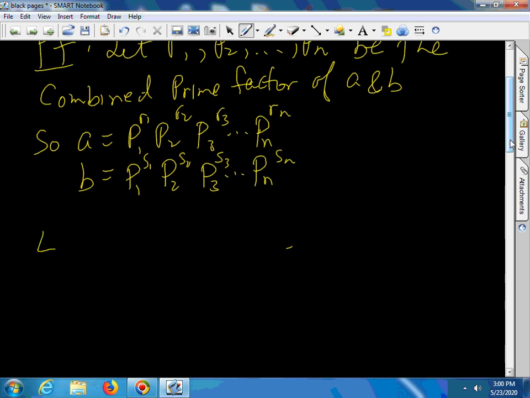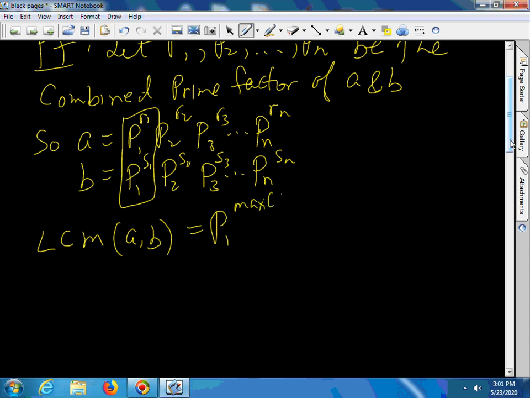Now, the least common multiple of A and B. How do you find the least common multiple? Well, you take the prime factorizations of A and B, and you take the largest power from them. From P1, you take the max of R1 and S1, and you do this all the way down to P sub n, taking the max of Rn and Sn.